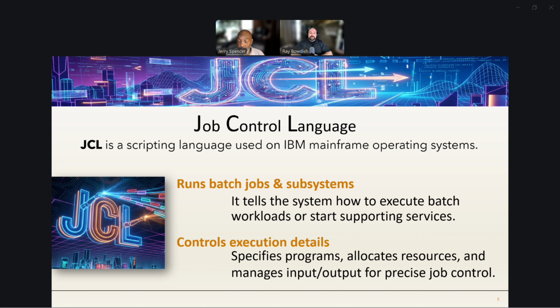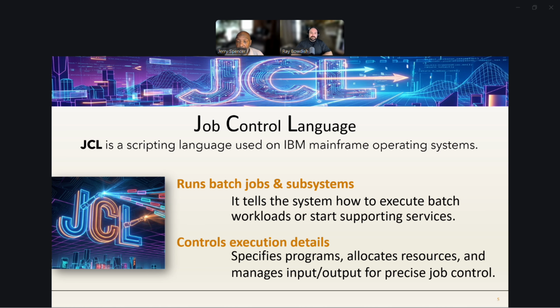All right, so let's start with the question of what does JCL stand for? JCL stands for Job Control Language. It's defined as a scripting language used on IBM mainframe operating systems. What this does is it allows you to tell the system what you want to do and when you want to do it.